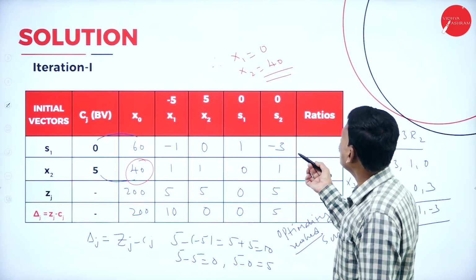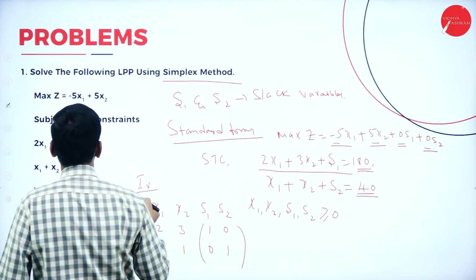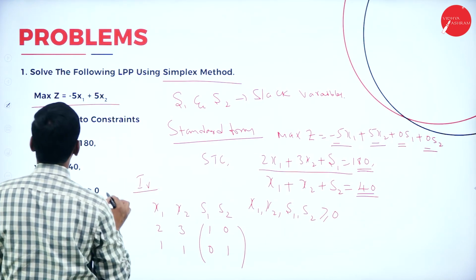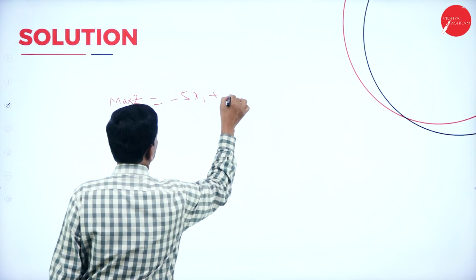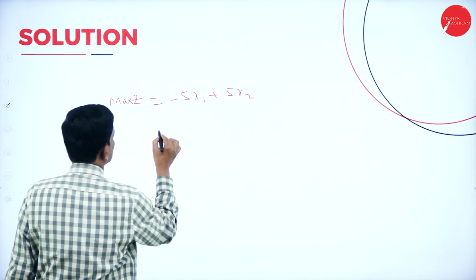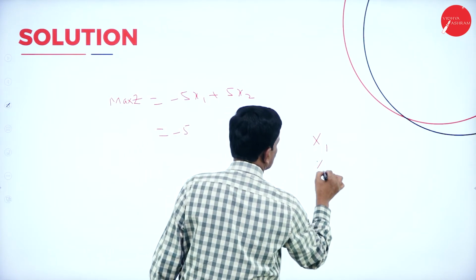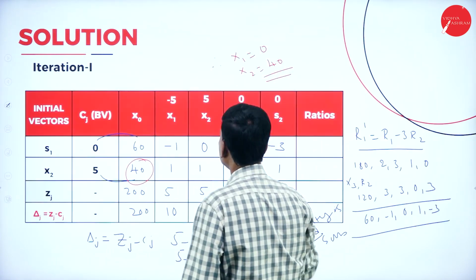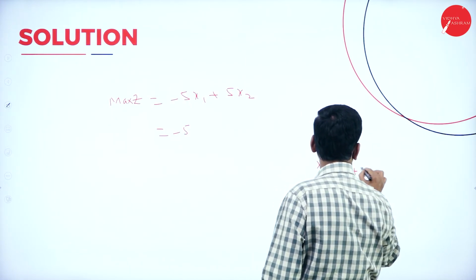Now substitute these values in the objective function. So what is the objective function? The objective function is max z is equal to minus 5x1 plus 5x2. So here minus 5 into x1, and x1 is equal to 0, x2 is equal to 40.